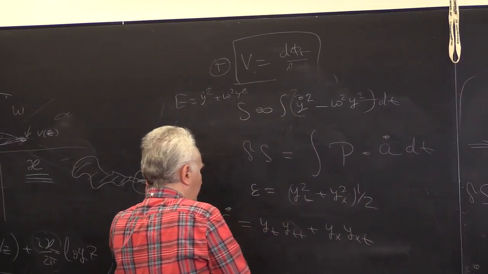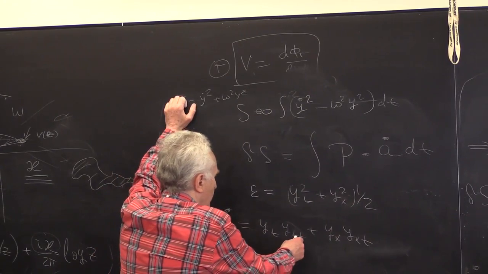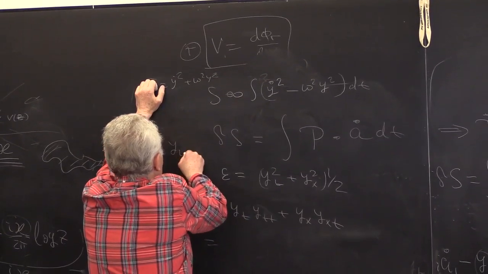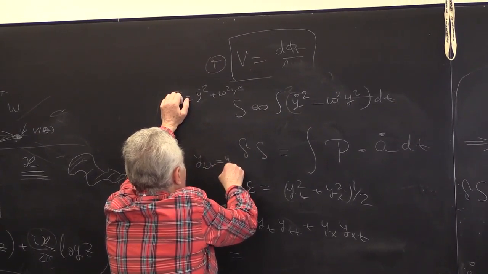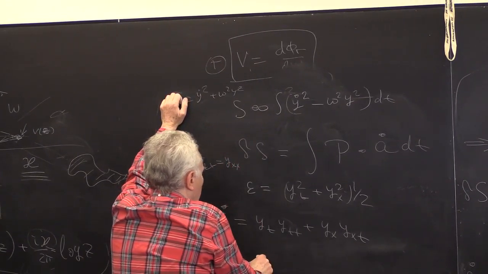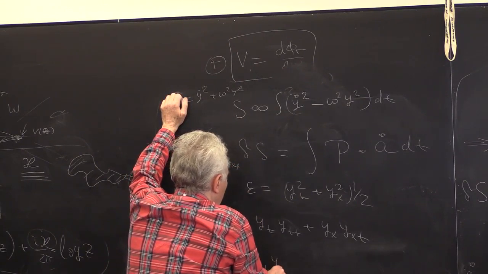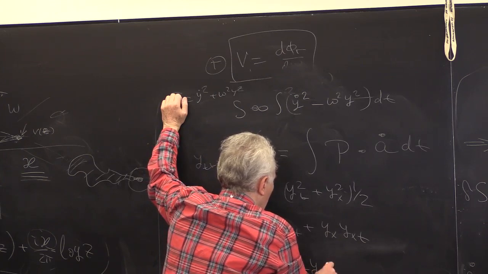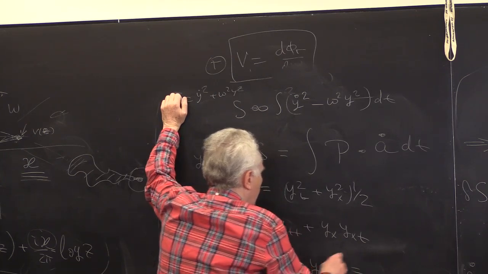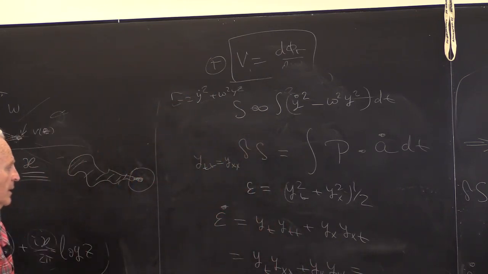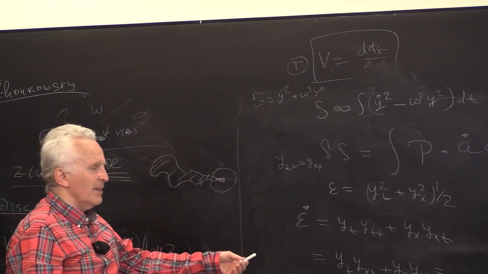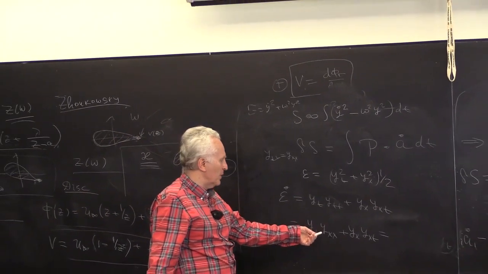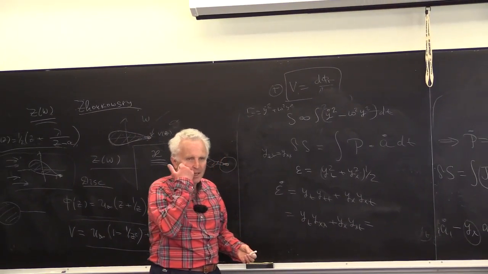We now substitute the equation of motion, which is the wave equation. Ytt is equal to yxx. So we get yt yxx plus yx yxt. And as you see, give me the last transformation, which is the natural transformation of this expression.